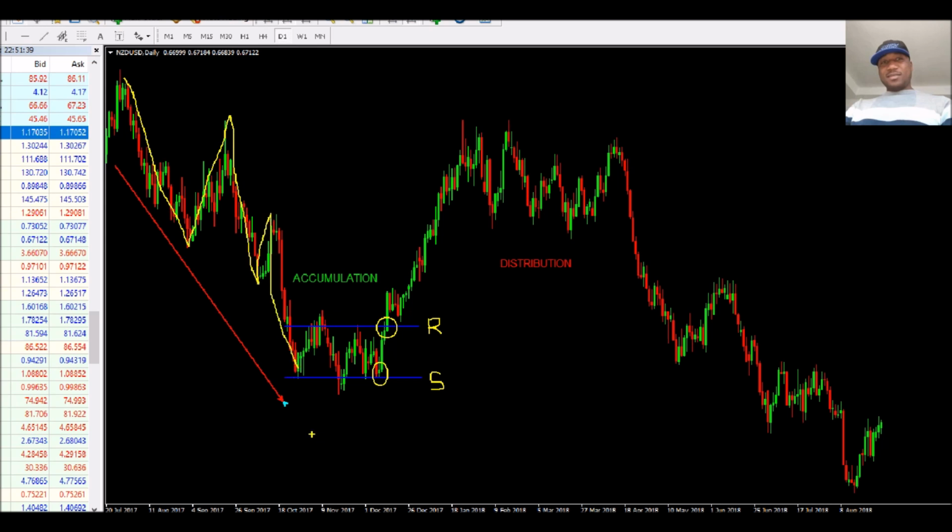So we can see that the market was creating waves, and with all these waves that the market created, at the end of the day, the market starts ranging because we have the market bounce here, the market bounce here, the market bounce here, we have a resistance here, we have resistance here. So that's why we have a resistance here, we have a support here, right? So we can see at this point, this is how the professional traders trade the accumulation phase. They buy from this point or from here and they ride the wave to the upside, and then they make profit.